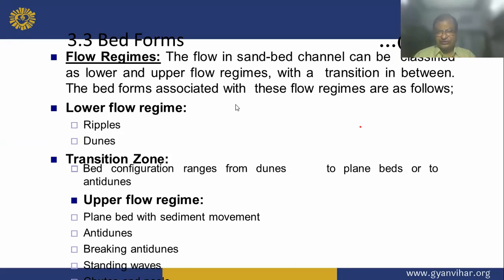The bed forms associated with the lower flow regime are ripples and dunes. The transition zone has bed configurations ranging from dune to plane bed and antidune. The upper flow regime has plane bed with sediment movement, antidunes, and standing waves.